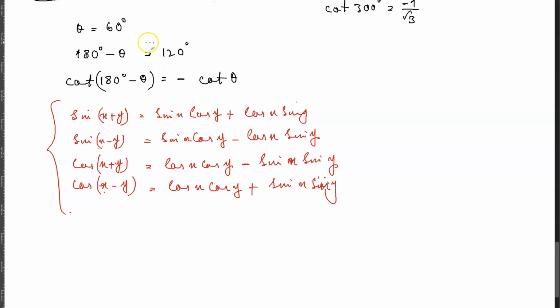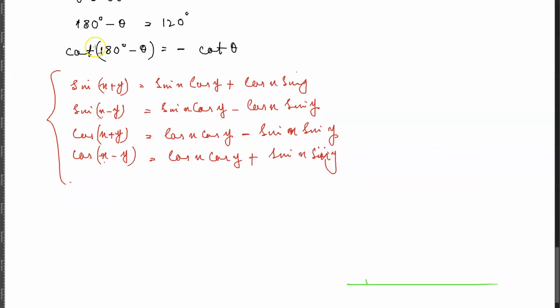And then, based on this, you can derive some formula, meaning cot of, for example, x plus y. Let's see what cot of x plus y is based on these. Cot of x plus y is going to be equal to cos of x plus y over sine of x plus y, right?